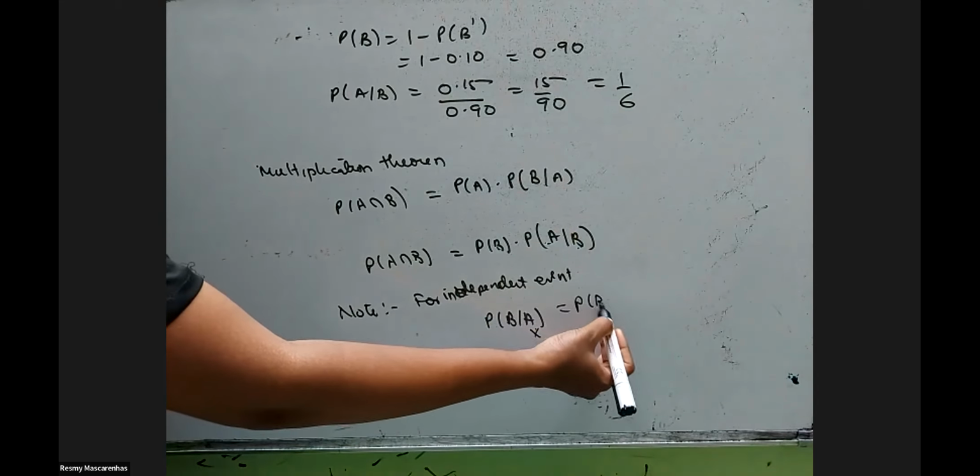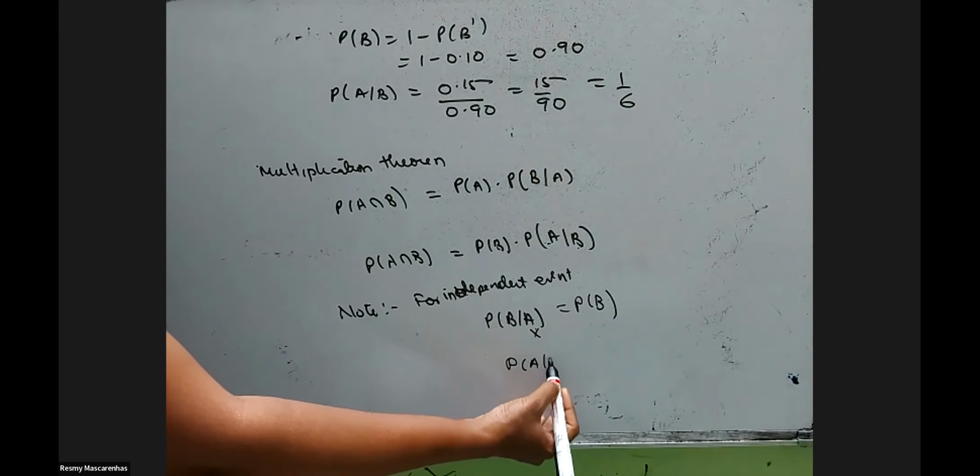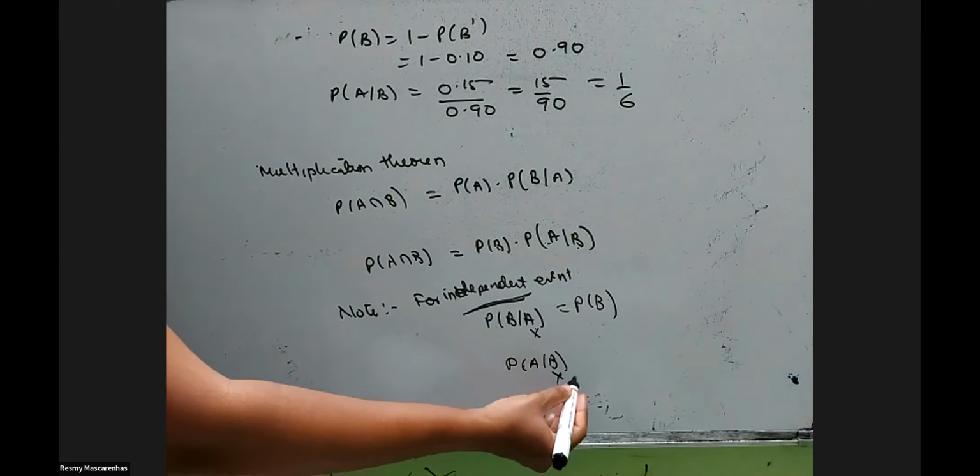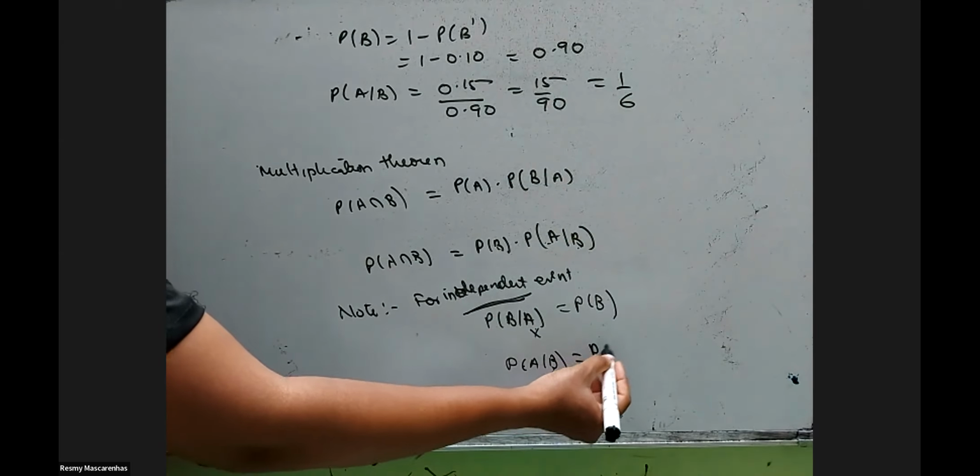It will be straight away equal to P of B. And same way, A upon B, A is not dependent on B. Independent means condition is gone, doesn't work.